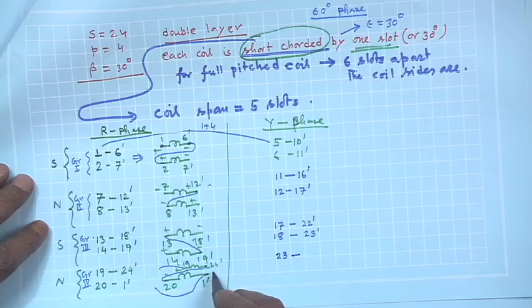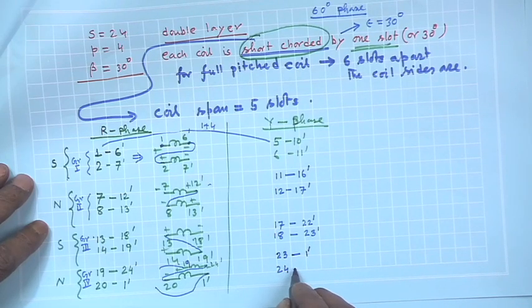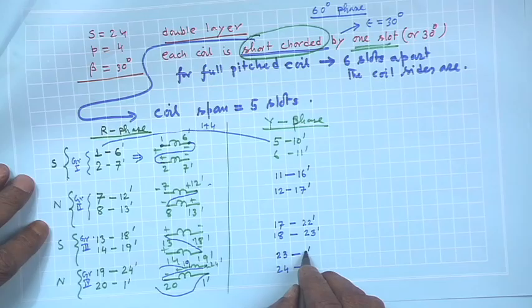And 23 to 5, that is 25 dashed means 1 dashed, and then 24, 23 plus 5 is 28, so 4 dashed, and this will be 5 dashed. Is that clear?